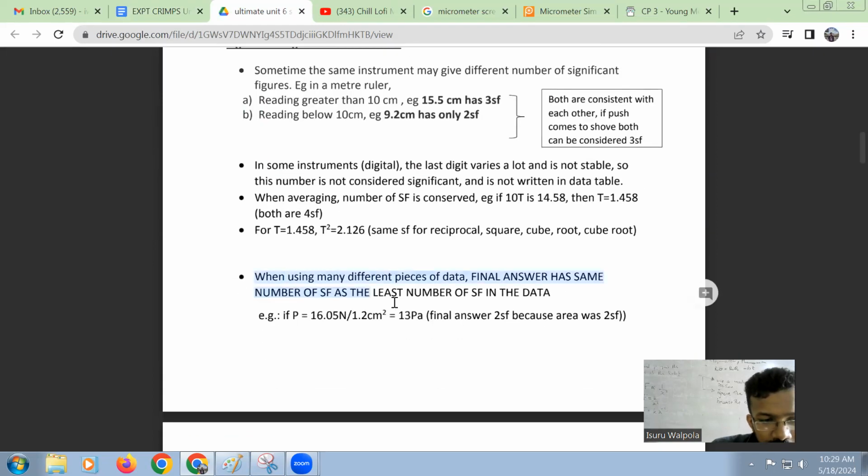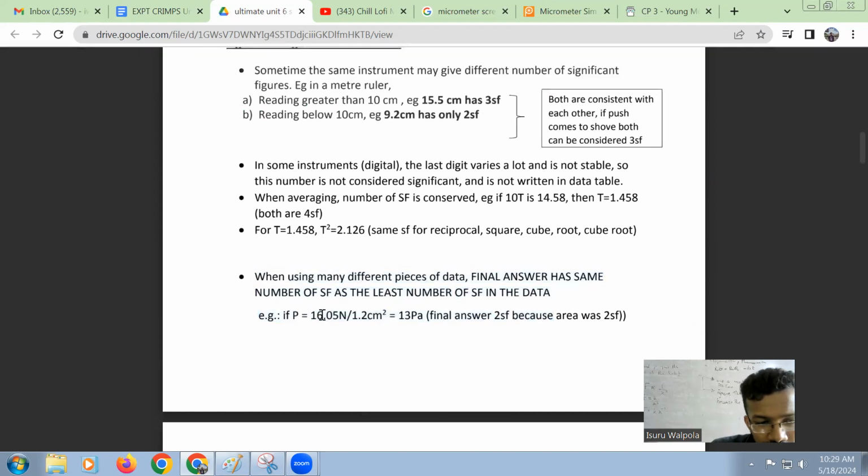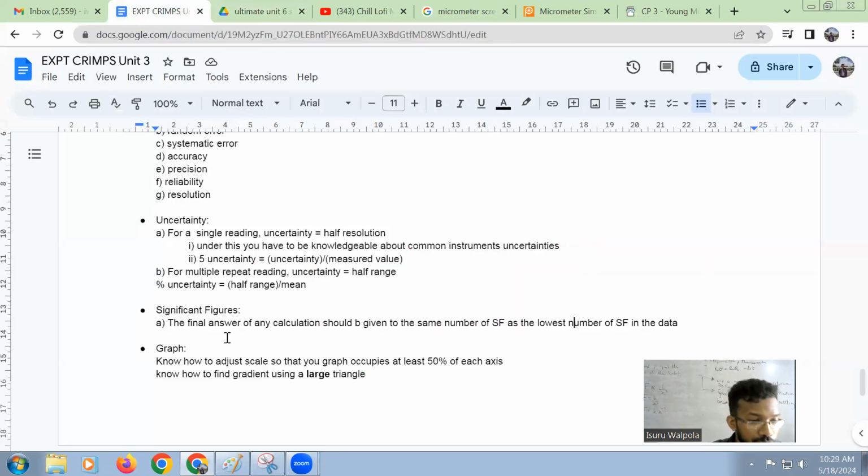Yeah, this example. So we are taking some value of pressure, but the force is given to 4 significant figures, area is given to 2 significant figures, but the answer must be to the lowest one. So when 2 significant figures is lower than 4, we give the final answer to 2 significant figures, that you should know.